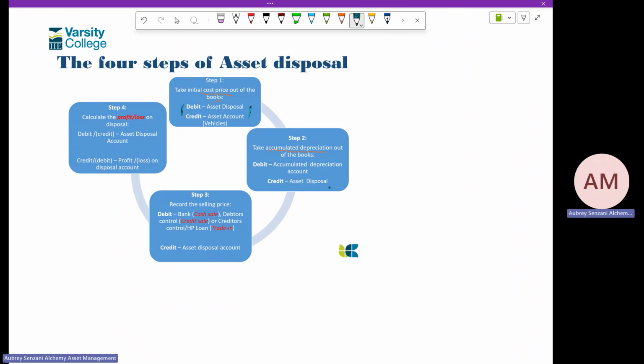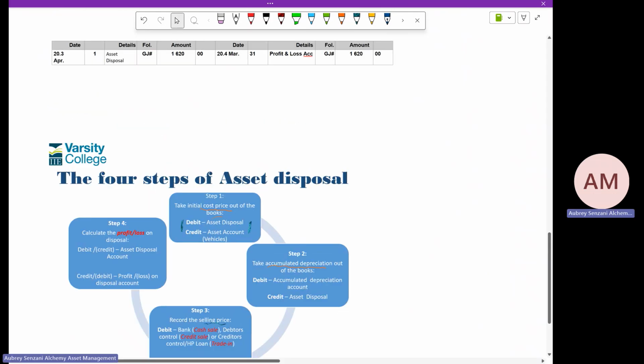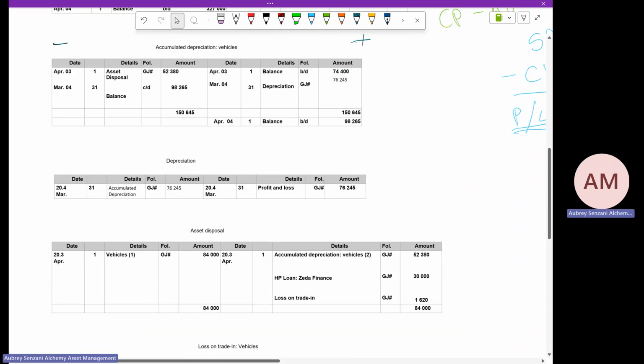Then you credit your asset disposal. And then thirdly, you record the sale. How did you dispose of this asset? Okay, typically you would be selling it. And then finally, step number four, you record whether you made a profit or a loss on the disposal of this asset. Okay. So ladies and gentlemen, that is your 3.8.